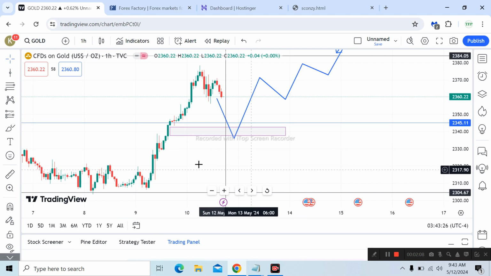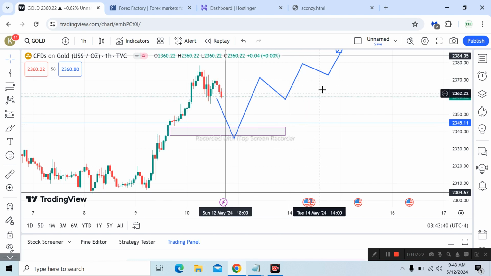Right now the market is closed and this was Friday. On Monday we expect price to trade lower, then it begins to run up, but you expect some pullbacks along the way before price eventually goes up to the upside.